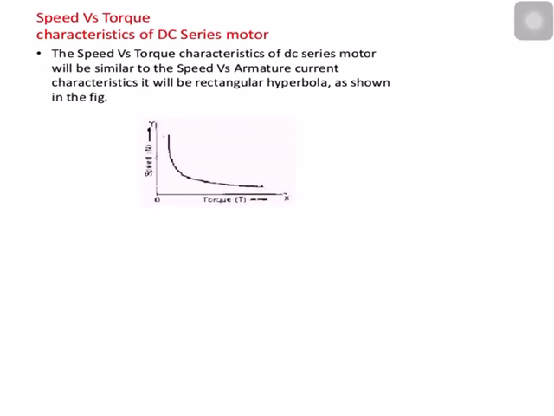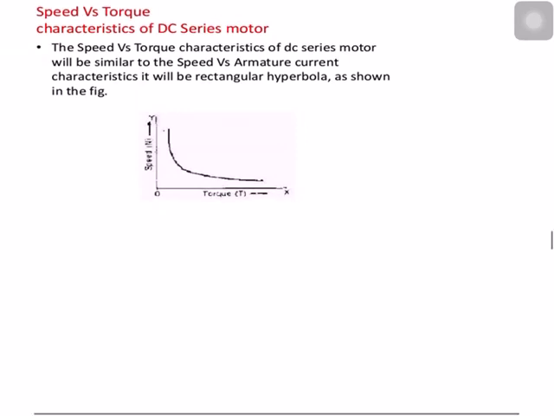The speed versus torque characteristics of a DC series motor will be similar to the speed versus armature current characteristics. It will be a rectangular hyperbola.